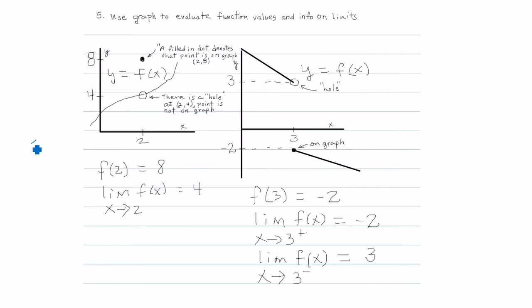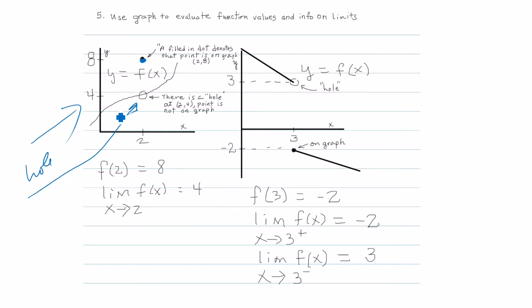Here is a function, f of x, and it's got a hole in it at 2 and 4. Because we have a heavy dot here at 2 and 8, that indicates that that point 2 and 8 is on the graph.